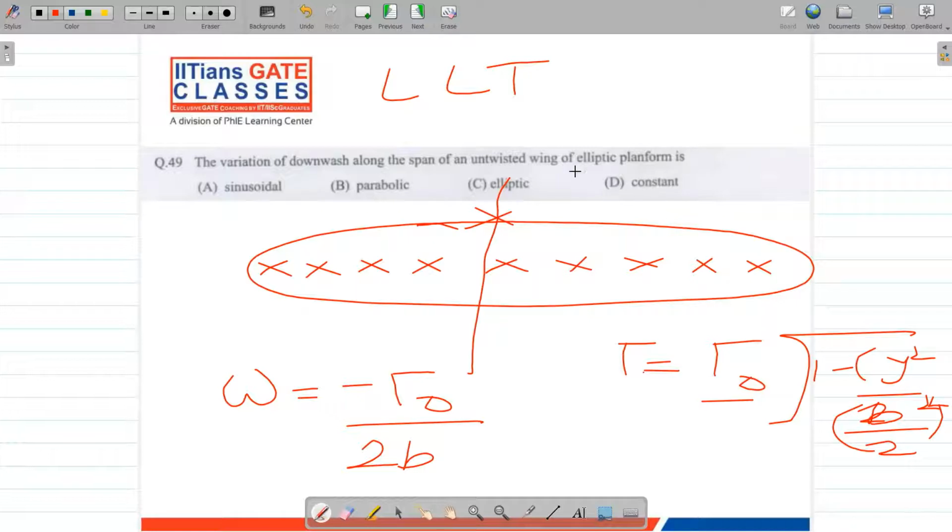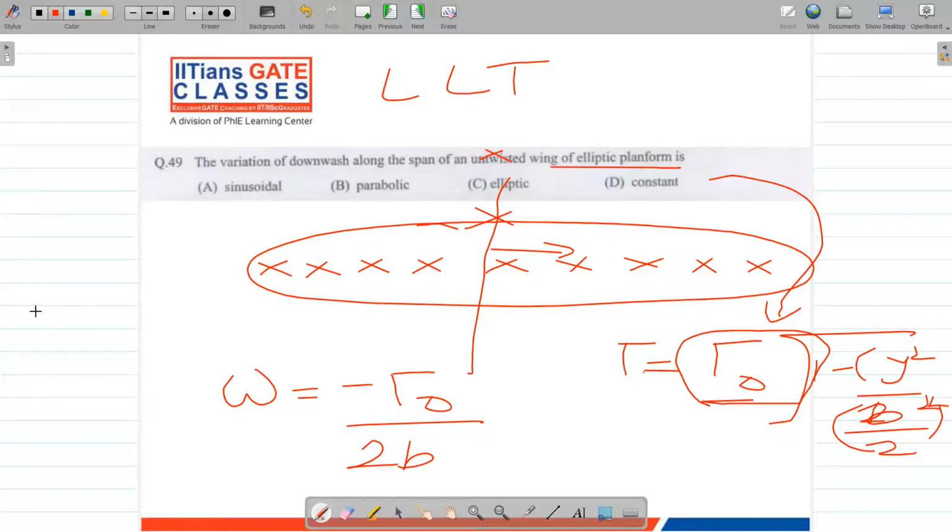For the elliptical planform, we saw that the Gamma distribution will also be elliptical in nature. And for an elliptical Gamma distribution, the downwash is given by minus Gamma_0 by 2b, where Gamma_0 is a constant, the value at the center, which does not vary with location. And b is again a constant, the span of the wing.